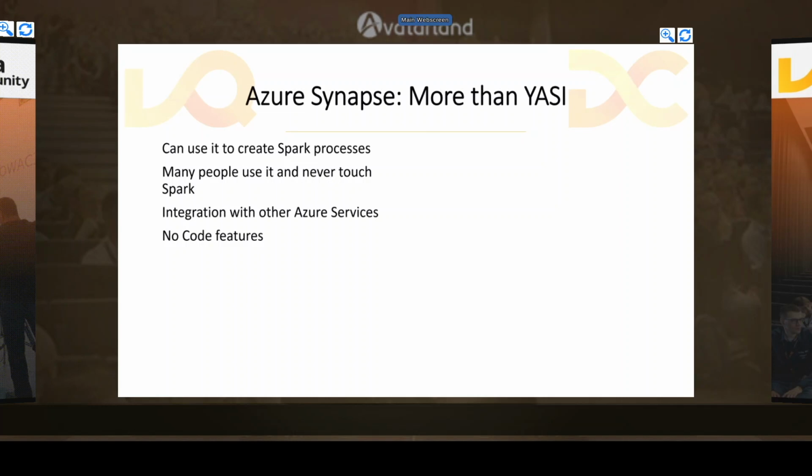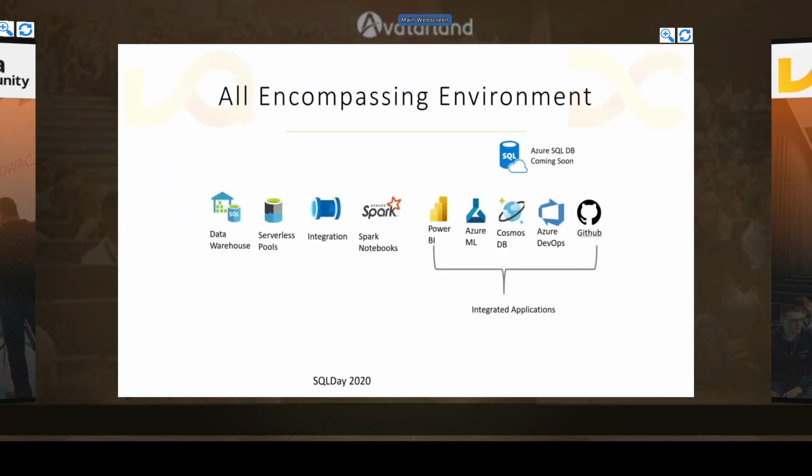So the idea with Synapse is it's an encompassing environment. So it's got the data warehouse, it's got serverless pools, and it's got Spark notebooks. It also integrates with Power BI, Cosmos DB, and very soon, it's on the roadmap, it's going to be integrating directly with Azure SQL DB.